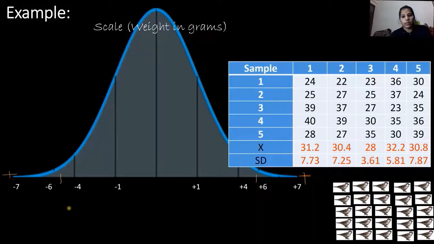But in the third sampling effort, the standard deviation value is small in comparison to other values. It is 3.61, so it will lie somewhere here.